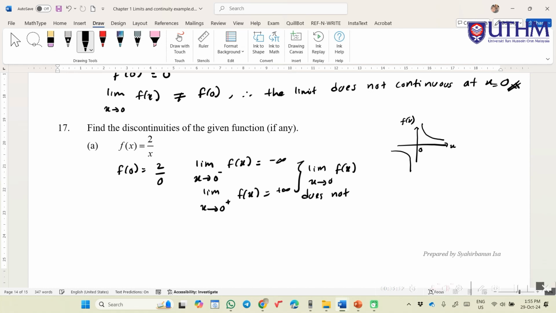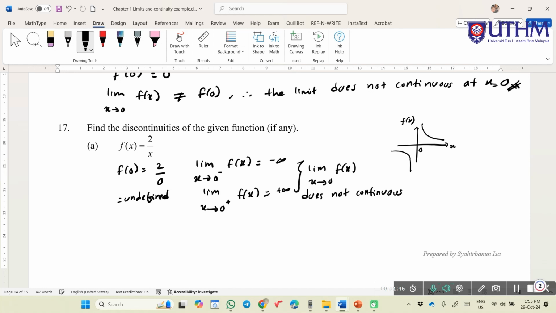Okay, if we want to check the limit, but otherwise you can just use this condition, because f(0) is undefined. So this condition is enough to clarify that the function is not continuous, has a discontinuity at a certain point.